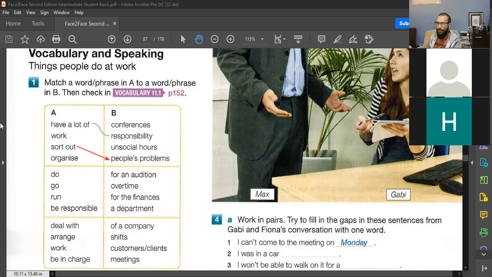What does it mean when we say sort out people's problems? Sort out means classify, yes? Correct. Normally we use sort out to mean classify. But when we use it for people's problems, what are we trying to say?